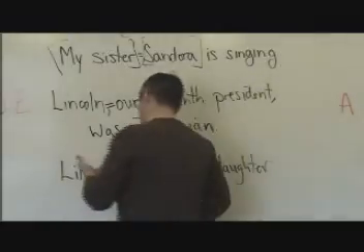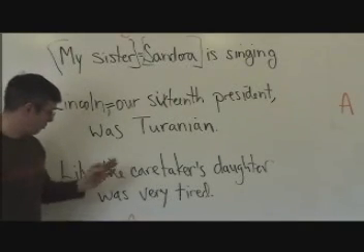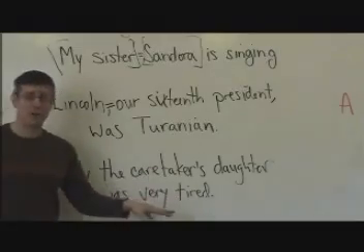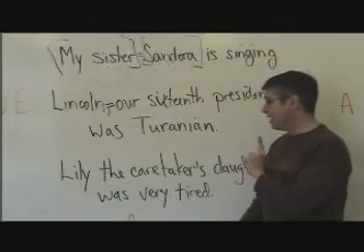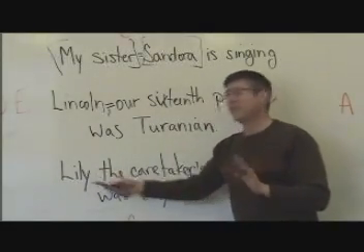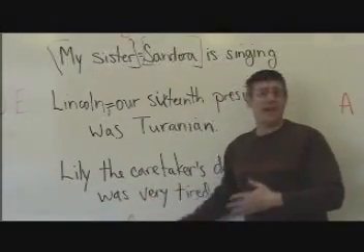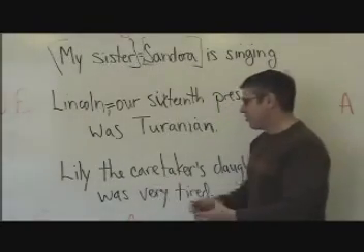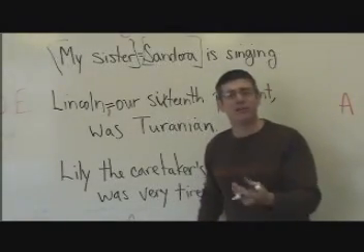Now, let's take a look also at this one. This is based on the first sentence of James Joyce's The Dead. Lily, the caretaker's daughter, was very tired. Now, this is probably not correctly punctuated. Even though this is the first sentence of a short story, and you see Lily, and of course there are many people named Lily, you actually don't need this to define who you're talking about, because how many Lilies are in play?